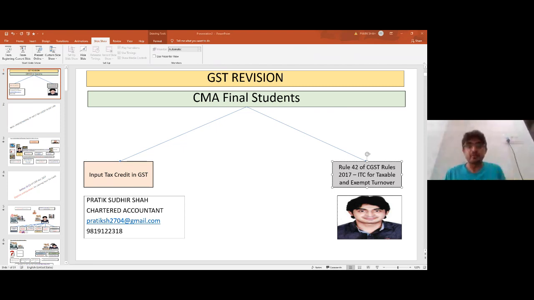Input tax credit. See, first let us understand the basic understanding. What do you mean by input tax credit in GST? Say, for example, I'm a manufacturer or a trader or a recipient. From various suppliers, I have purchased raw material for 10 lakh and I paid GST of 1,80,000.